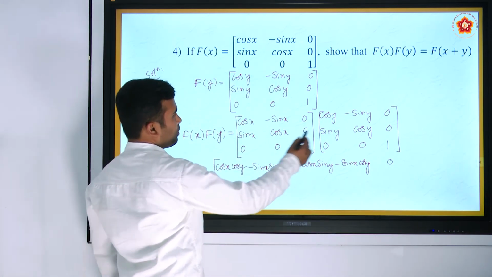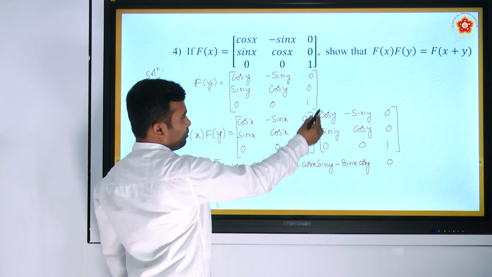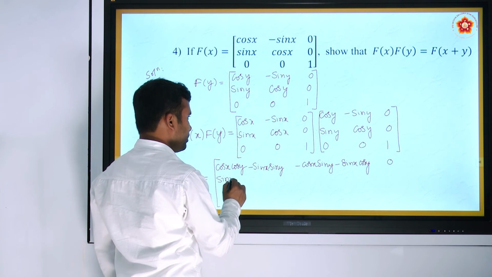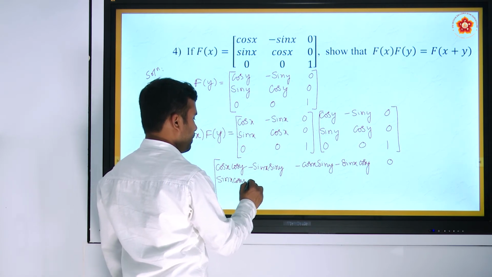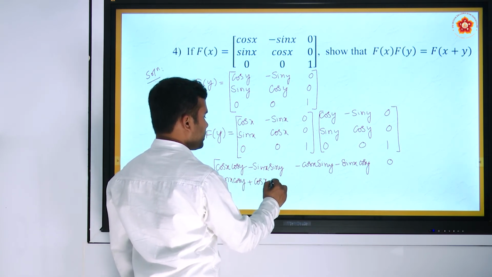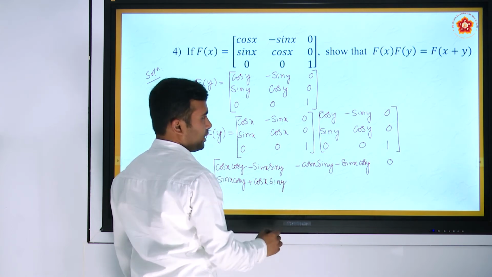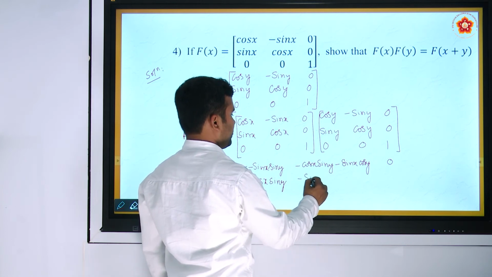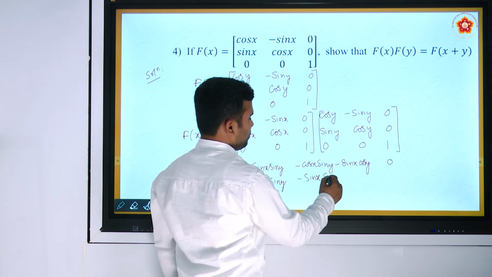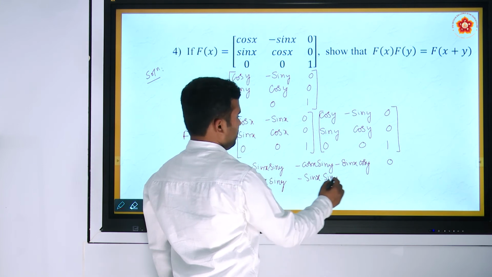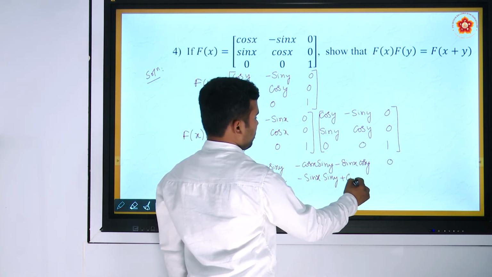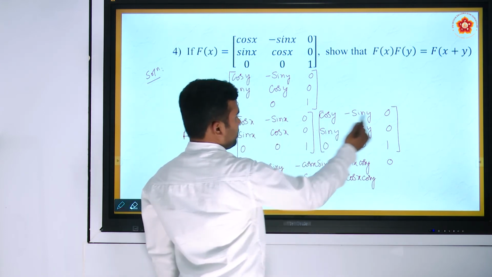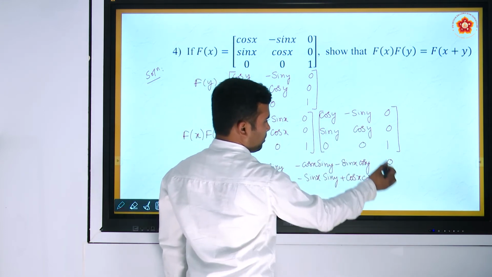Similarly, second row into first column, that is sin x into cos y plus cos x into sin y. And next one is second row second column, that is minus sin x into sin y plus cos x into cos y, 0 plus 0 plus 0.